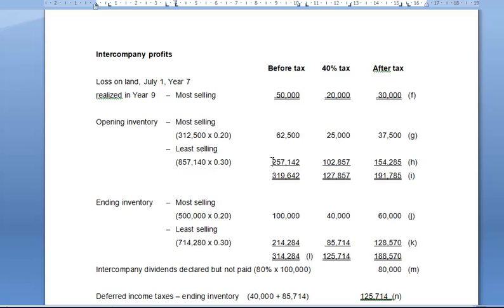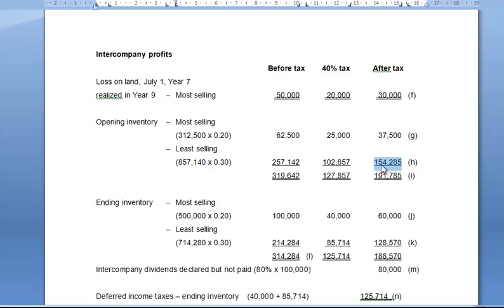So therefore, the profit sitting in this ending inventory, in most's ending inventory, is going to be $257,142. At a 40% tax rate, we know that profit attracts tax of $102,857, which is going to impact this year our income for $154,285.